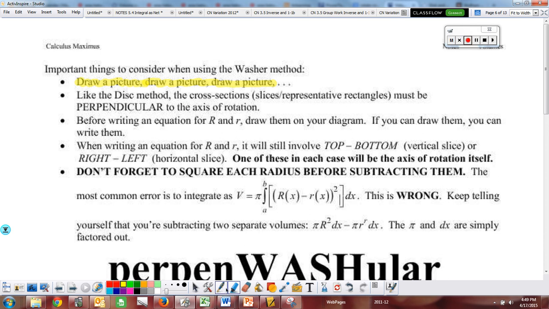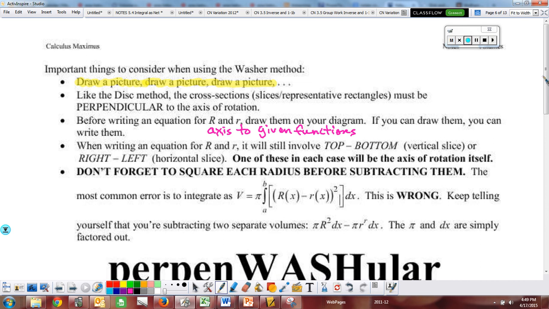And before you write an equation for your big R and your little r, put them on there and make sure that when you draw them, you always draw them from your axis to your given functions, to wherever your region was. You want to make sure that you always go to the outside of the region to the inside of the region that you shaded but that you actually rotated.